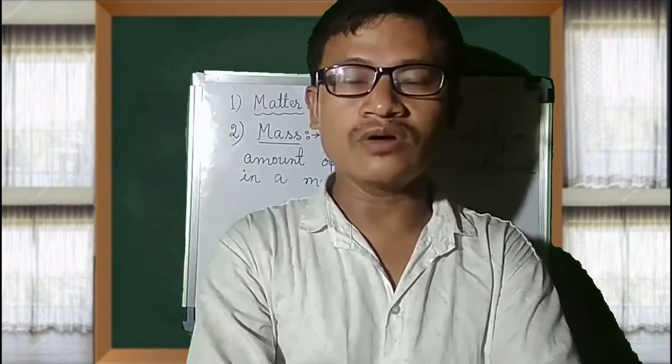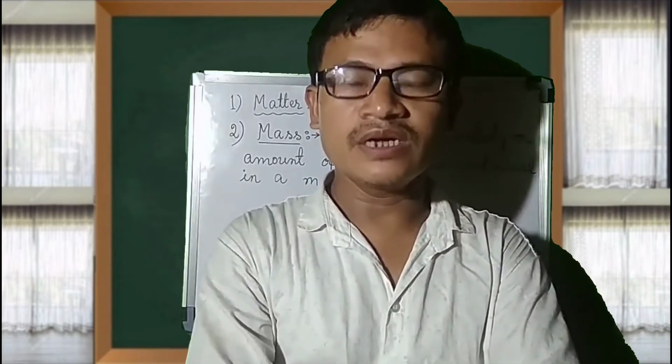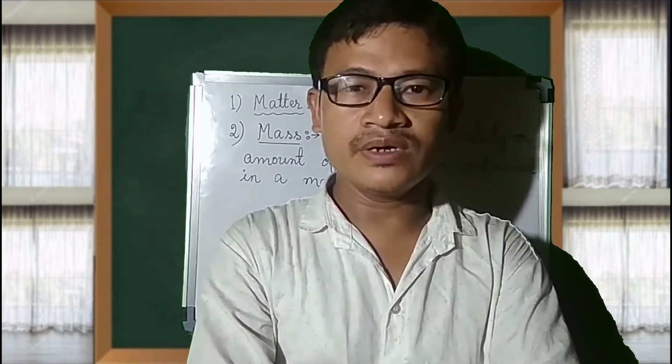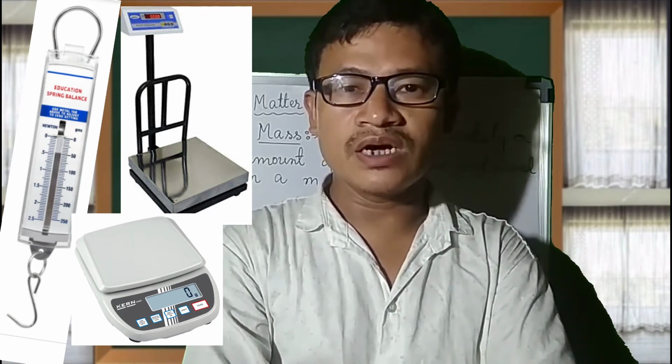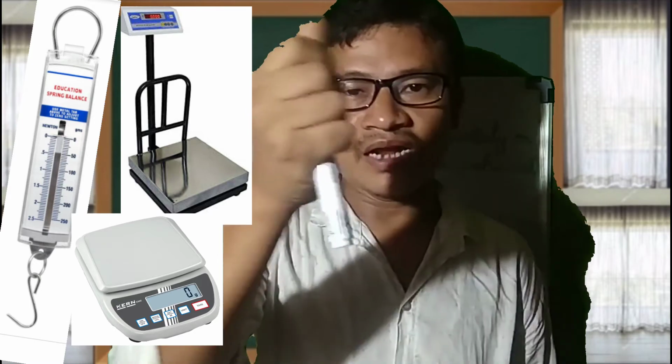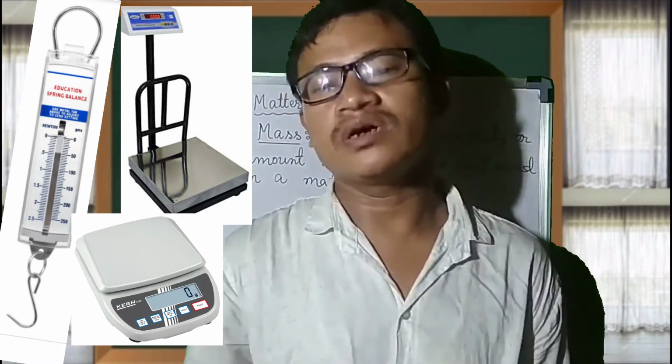Mass of an object or matter can be measured by the use of a spring balance. When you go to a shop for buying some vegetables or groceries, you might have seen a shopkeeper holding a spring balance for measuring the vegetables or groceries.